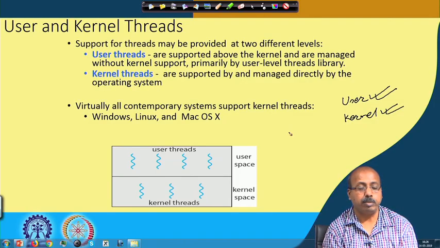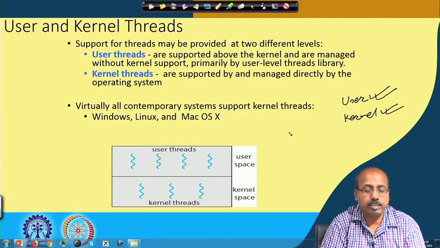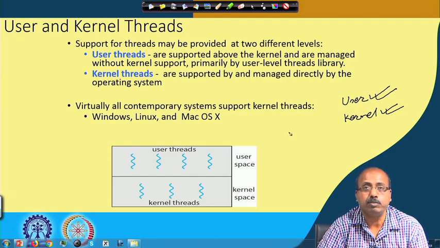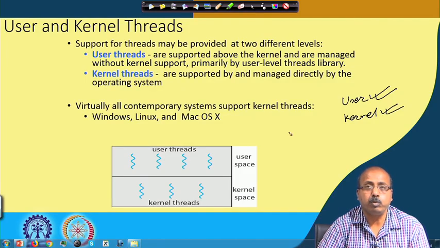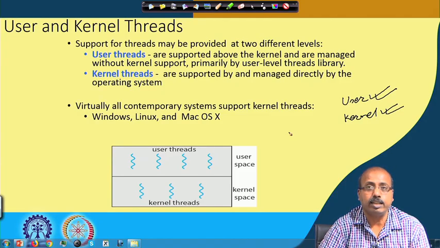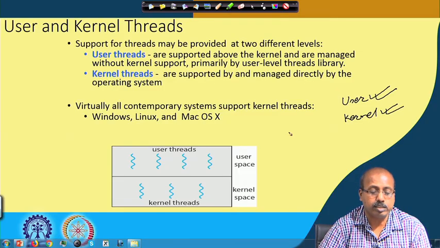As an operating system designer, we have to provide these kernel threads and define the interface for them, like whenever a system call is made. We do not need to tell the user how the system call is going to be mapped onto threads at the kernel level, only how the system call will be made.